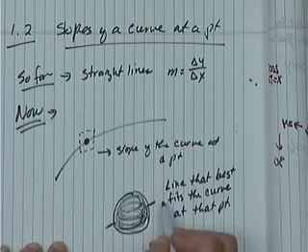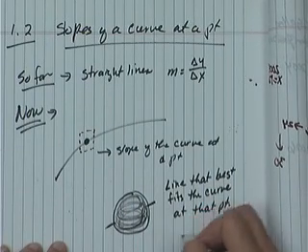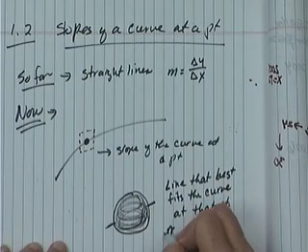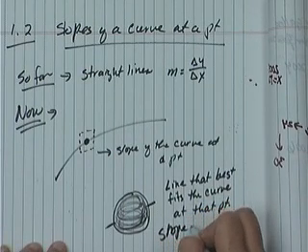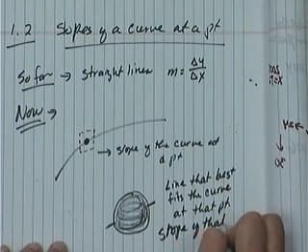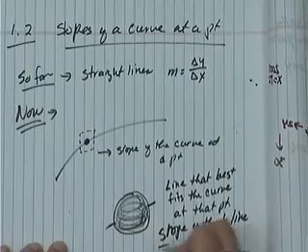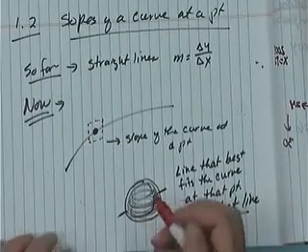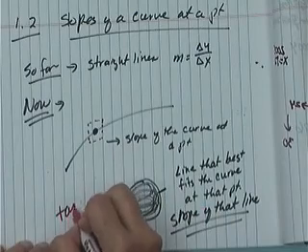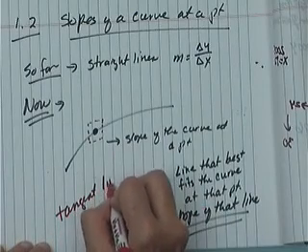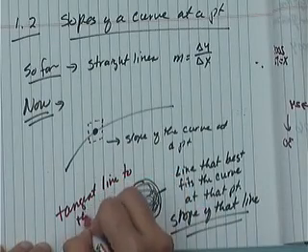It's the line that best fits. And we will get the slope of that line. And you've already told us what that line is called. It is called the tangent line to the curve.